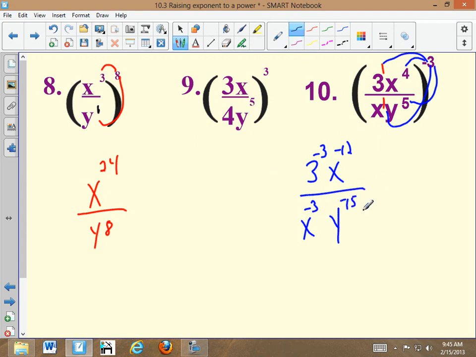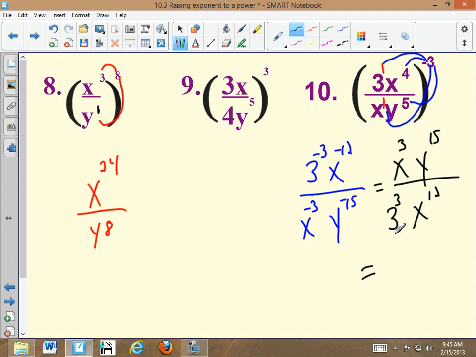Now, I can't have that, so I have to flip everything. So, x to the negative 3 goes up top and becomes positive 3. y to the 15th goes up top and becomes positive. 3 to the 3rd moves down. x to the 12th moves down. These negative exponents tell you to take the reciprocal.